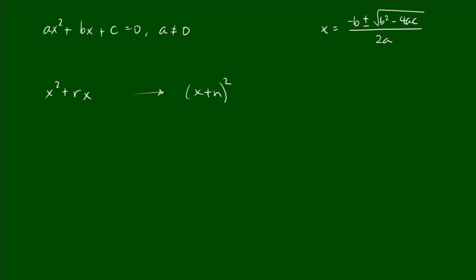It turns out if you add r divided by 2 squared, then you can factor it as a perfect square. So if you do r over 2 and all of that squared, and you add it to this expression right here, you're going to end up with a perfect square.